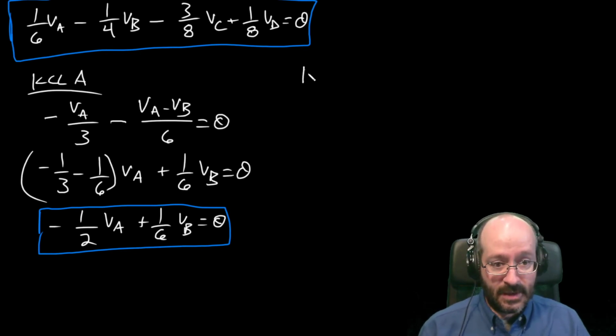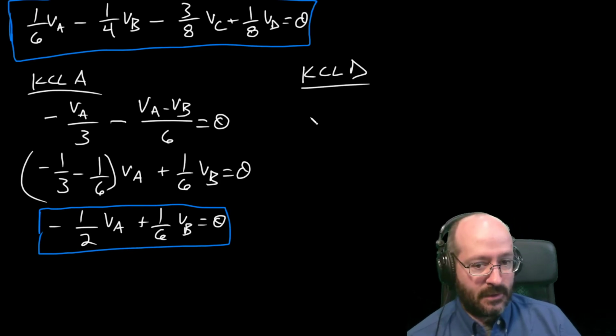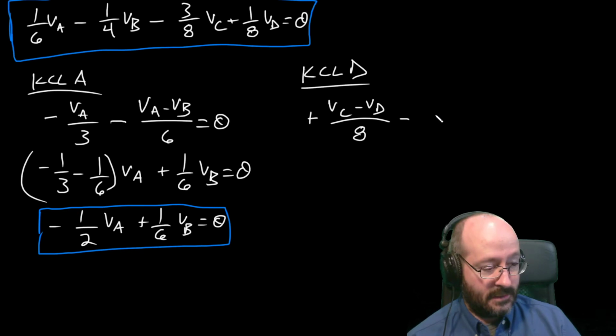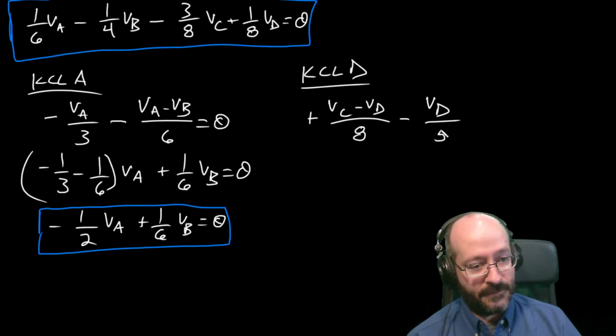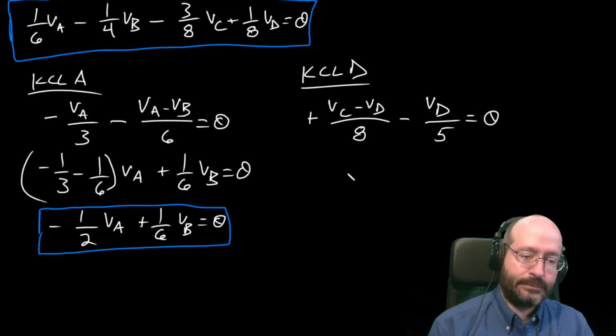We got the same thing for the D node, so this is the KCL for D. This current is going to go in, and it's VC minus VD over 8. And the current through R6 is leaving, and it's going to be VD minus 0 over 5. Ooh, that one's going to get funky, and that's equal to 0.